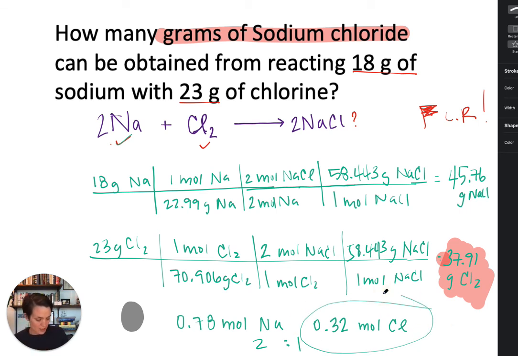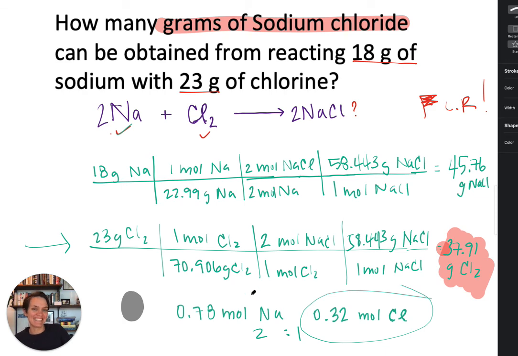So just by looking at that, I could say, okay, chlorine is my limiting reagent, and all I would have to do is solve this problem. Is it any faster? No. Is it more fun? Yes. Would I recommend doing it this way? Yes, for a while.